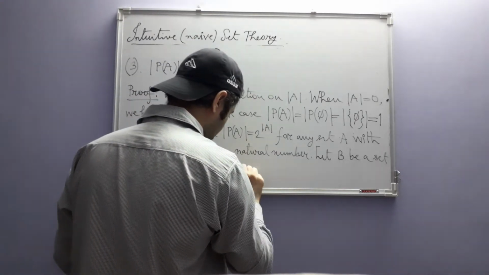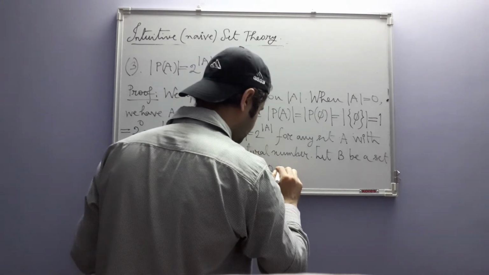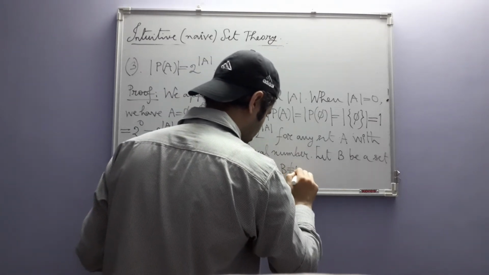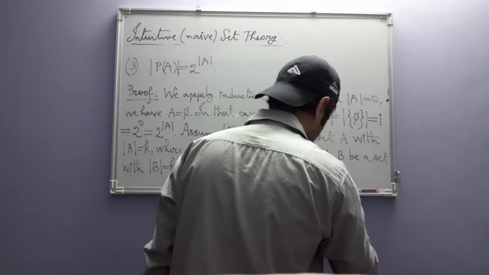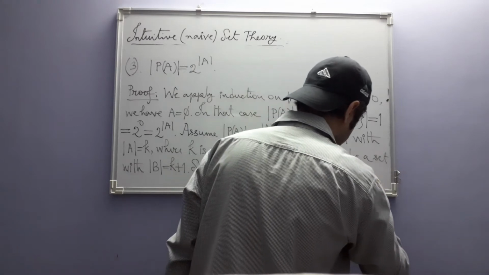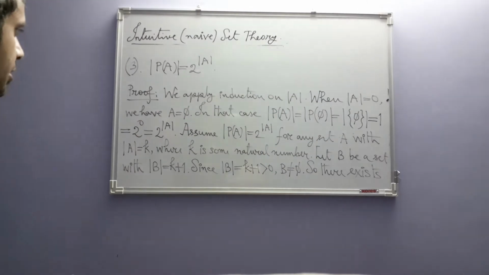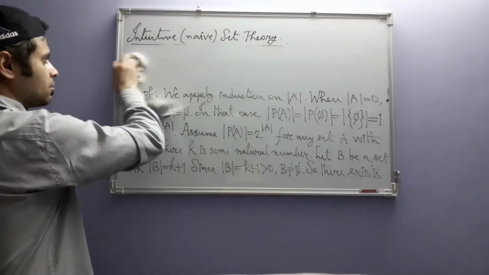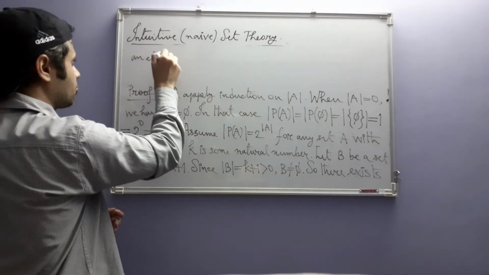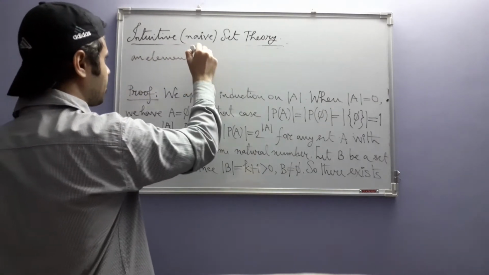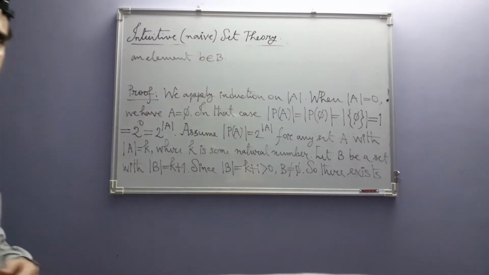Since B has K plus 1 elements which can never be 0, B is not equal to empty set. So there exists an element small b belonging to B.